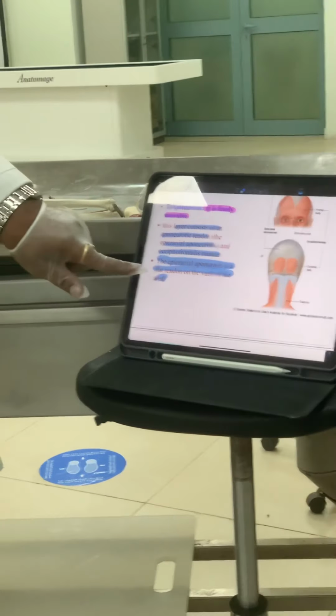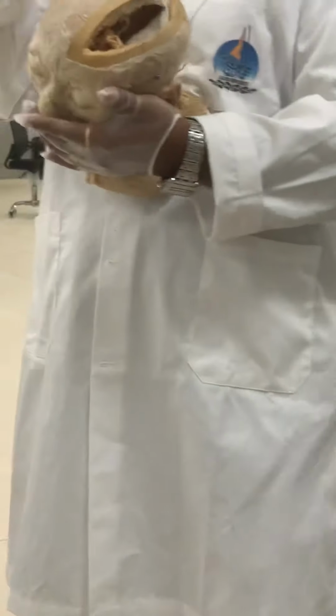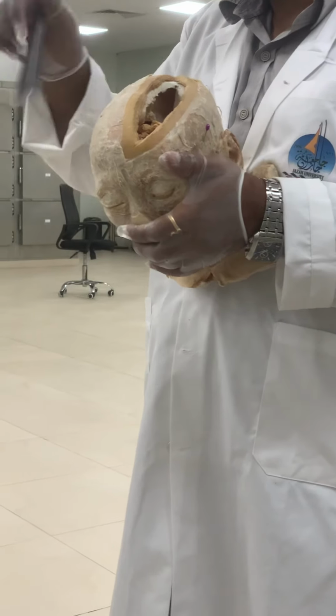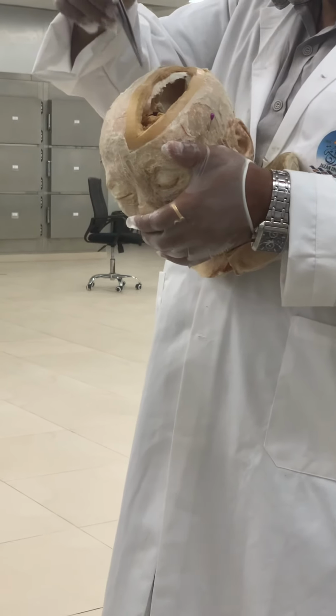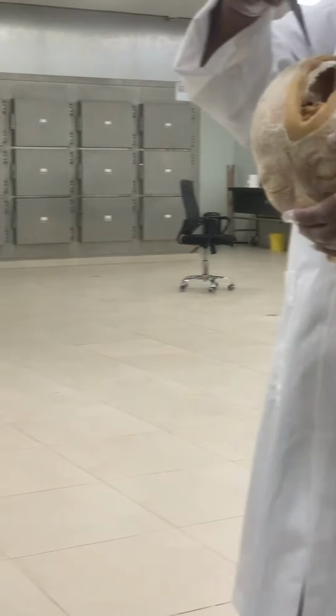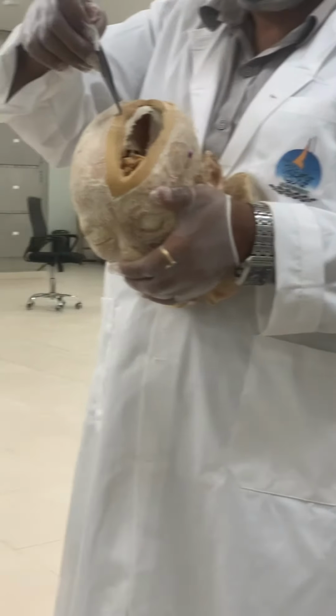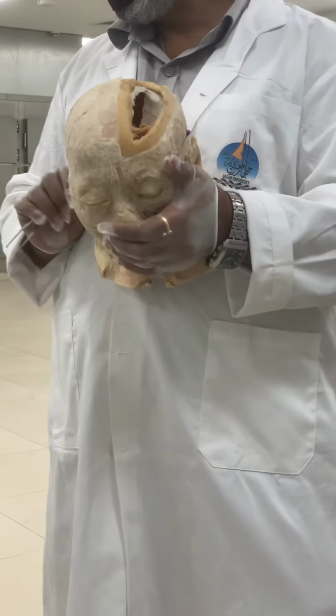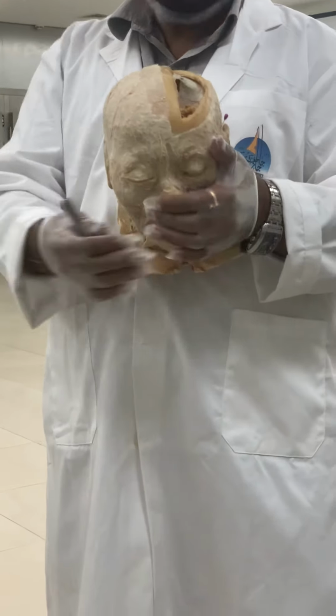And then the epicranial aponeurosis, how is it? It is flat, so this is a flat tendon. Where is it covering? It is covering the bone. Skull means bone. So that is the vault of the skull. Now it is clear.